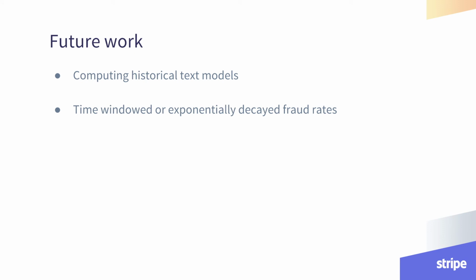So in industry, there's always more things that you want to do if you had time. And two things that we might work on in this direction are, first, text models. We've experimented with text models on the product description that a user writes. And naively, you might take all the training data and produce one logistic regression, and then compute the score for all of the merchants in your training set.